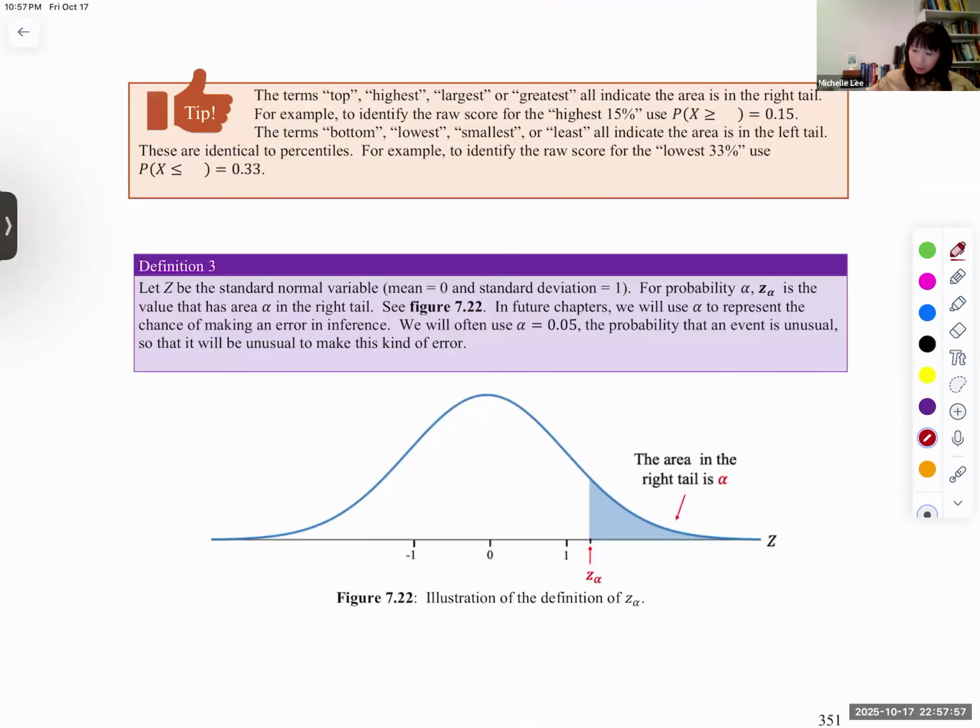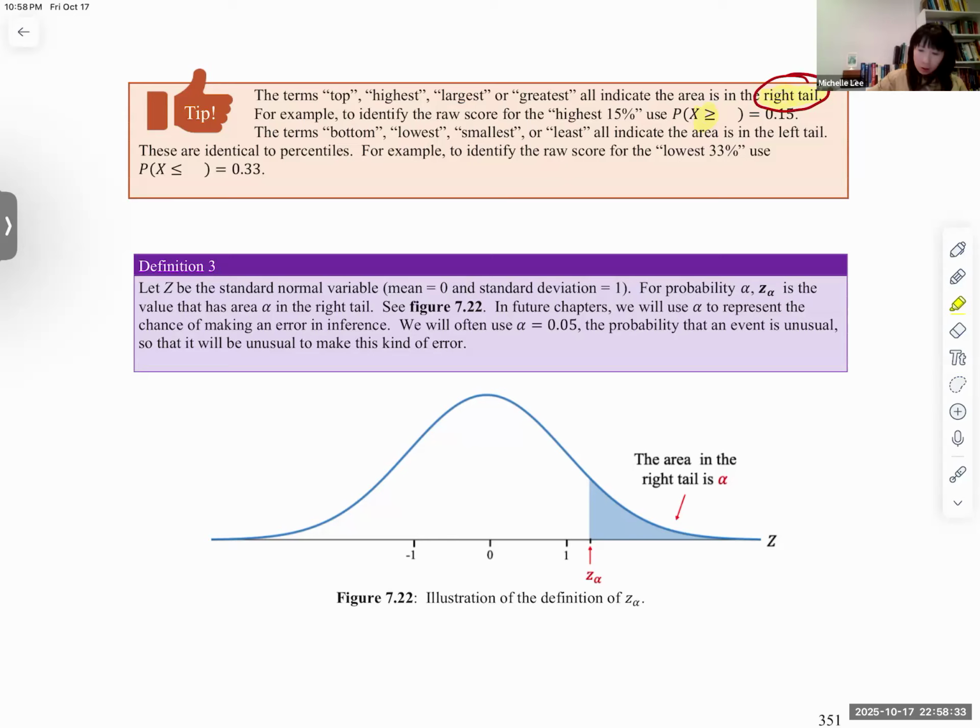All right, so we have a nice tip there. The terms top 10%, top 1%, top 5%, we did that earlier. Highest, largest, greatest all indicate the area in the right tail. That's a good point. So we are using the inequality greater than or equal to for the right tail.